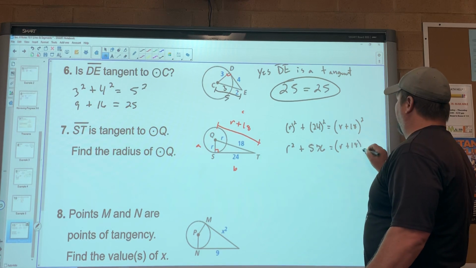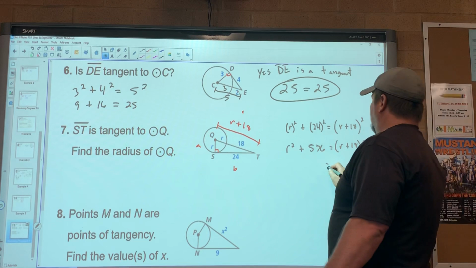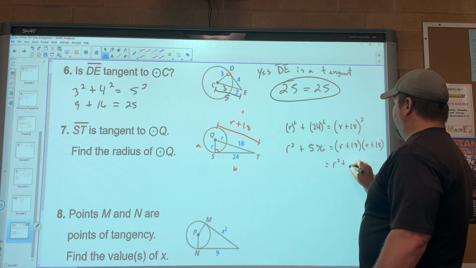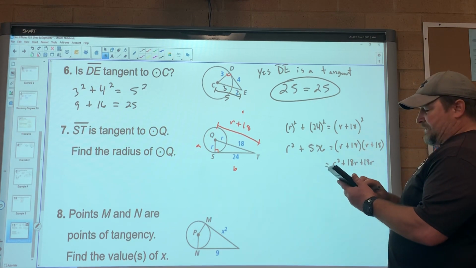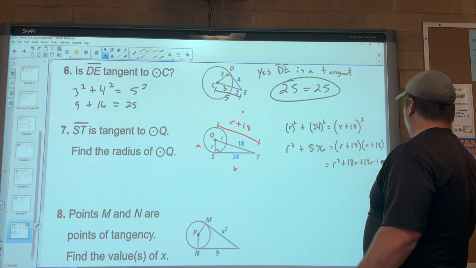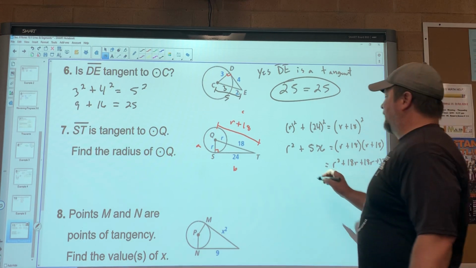Make sure you do that. R plus 18, and then we'll FOIL it. So we get R squared, plus 18R, plus 18R, and then 18 times 18 is 324. Sorry, I'm running out of room, but you get the idea.